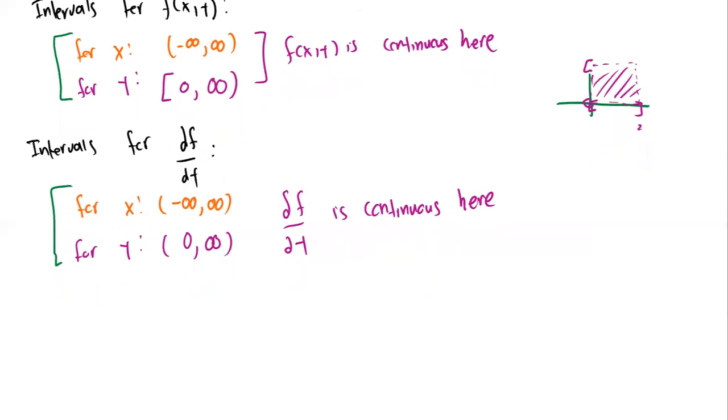In this case, for x, both functions are continuous on negative infinity to infinity. Oops, not including.